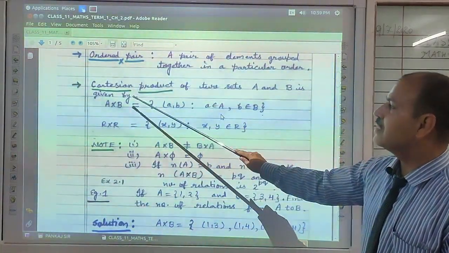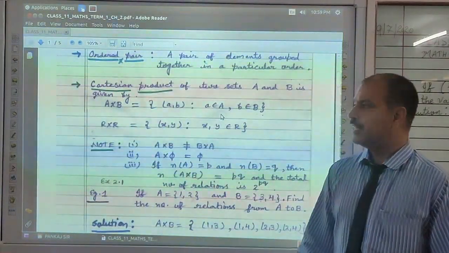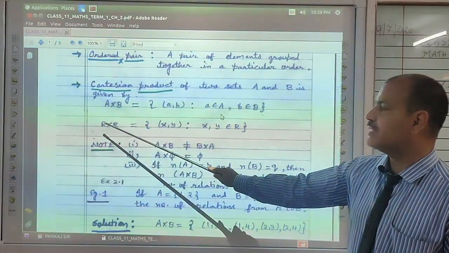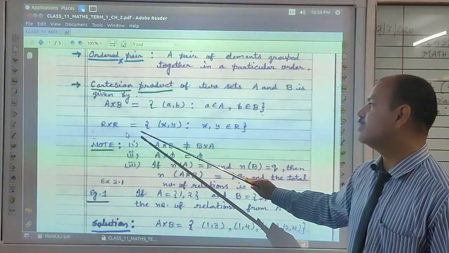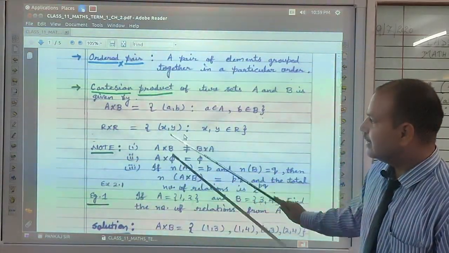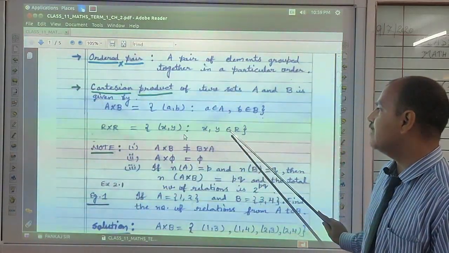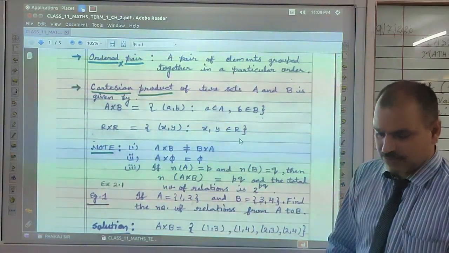This is the Cartesian product. If the two sets are the same, R and R, then the Cartesian product R multiplied by R is equal to {(x, y) such that x, y belong to R}.